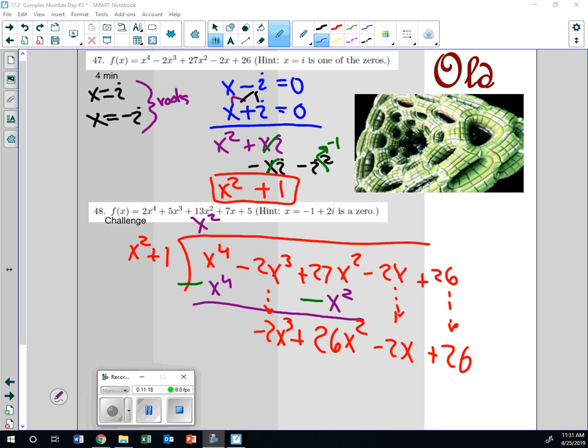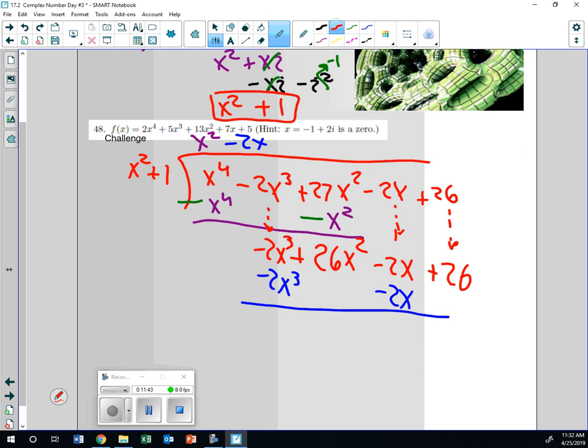All right, so next, x squared times what is negative 2x cubed? Negative 2x, because negative 2x times x squared is negative 2x cubed. And then don't forget negative 2x times 1. Oh! Does that make you happy? Makes me happy, because when I do the opposite thing, now this becomes 0. This becomes 0.